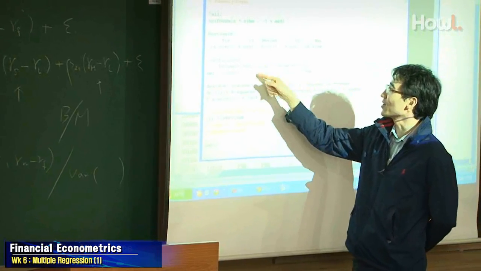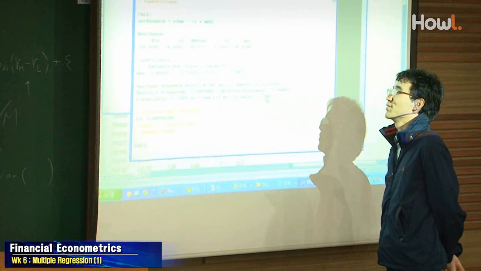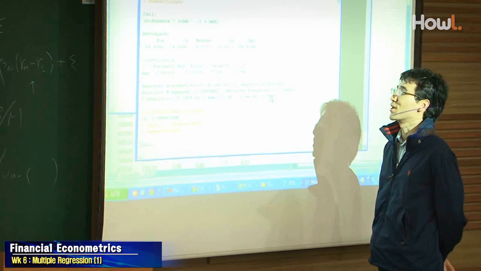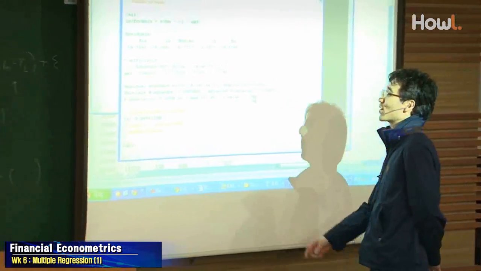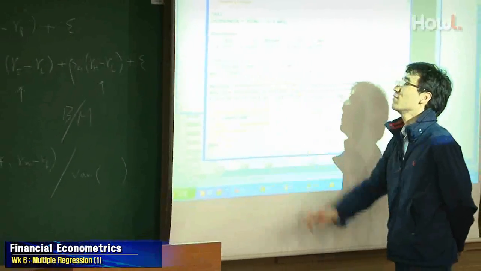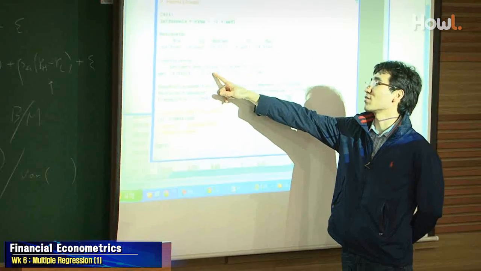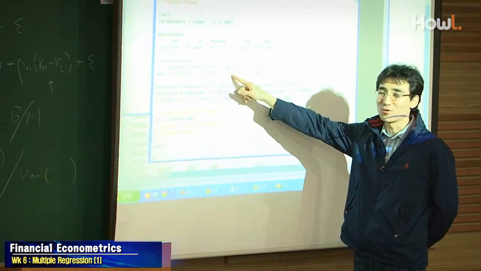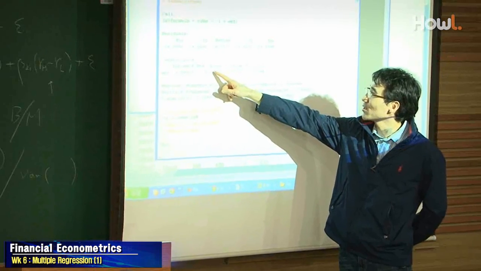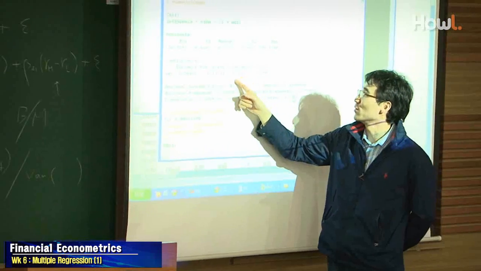But since it is not exactly the standard deviation, it is the estimated standard error, not the standard deviation. It is a ratio between an estimate and an estimate. So it is a t-value, not a z-value. If we knew the true value of the standard deviation, it should be a z-value, not a t-value. But since we use the standard error instead of the standard deviation, now we have the t-value.